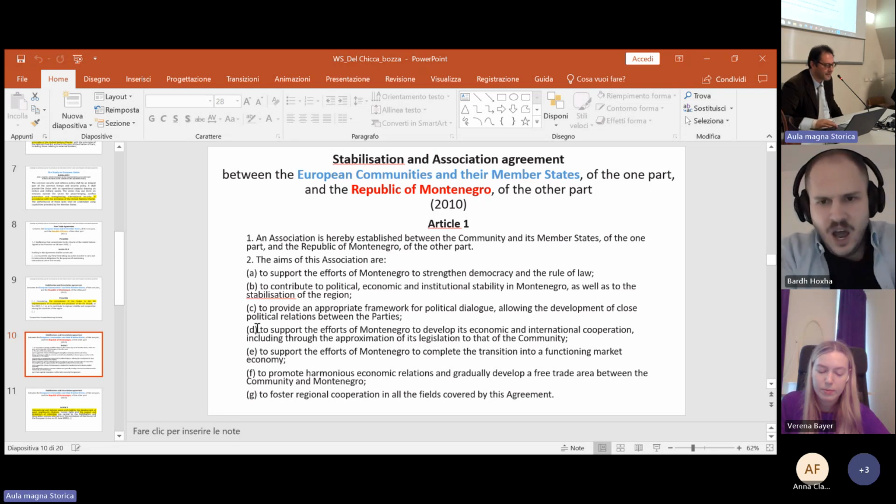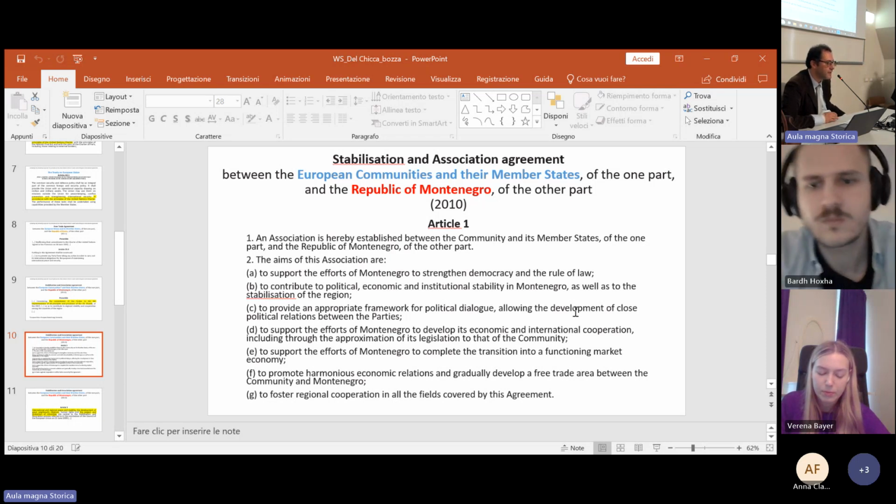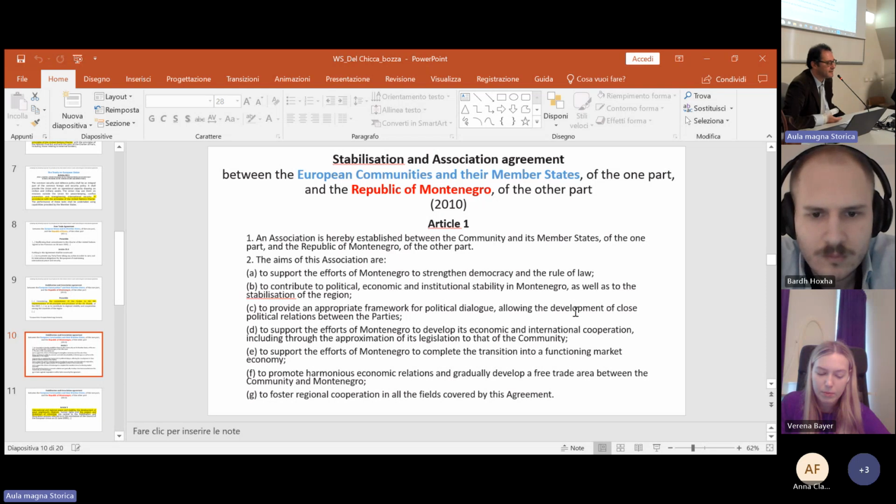Once again, letter D, to support the efforts of Montenegro to develop its economic international cooperation, including, etc. Cooperation is another principle of the Charter of the United Nations. And this, as we said at the beginning of the lecture, is one of the rationales of modern international law: cooperation among states, not only mere coexistence. You stay there, I stay here. Enough. Once again, to foster regional cooperation in all the fields covered by this agreement.